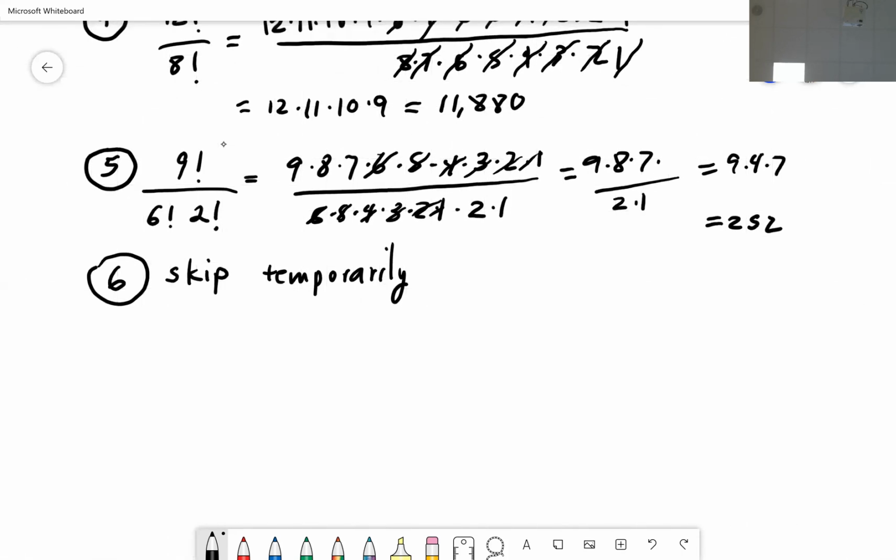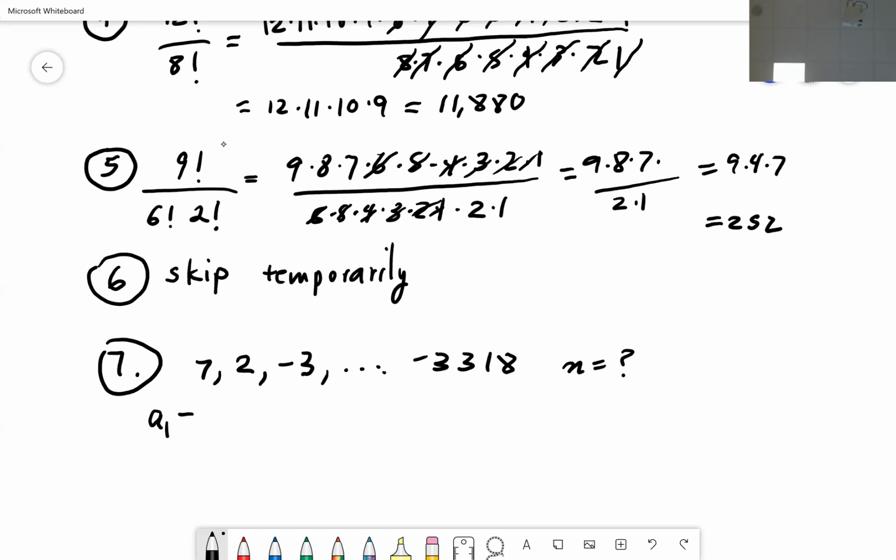All right, let's get to the first question here, which was challenging. It was not. 7 comma 2 comma negative 3 all the way to negative 3,318, and they want you to find a number of terms. So n equals question. So the first thing you do is you say your first term here is 7, and the common difference is 2 minus 7, which is negative 5.